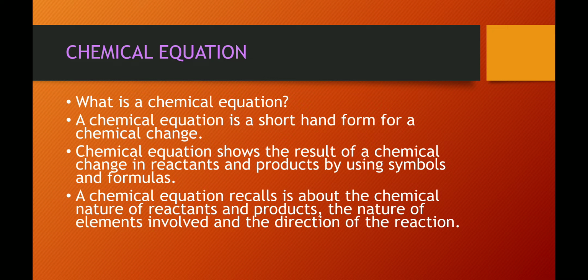Now let me tell you what is a chemical equation. A chemical equation is a shorthand form of a chemical change. Let me cite you an example. Nitrogen plus hydrogen gives ammonia. By using the formula, I can write N2 plus H2 gives NH3. This is called a chemical equation.